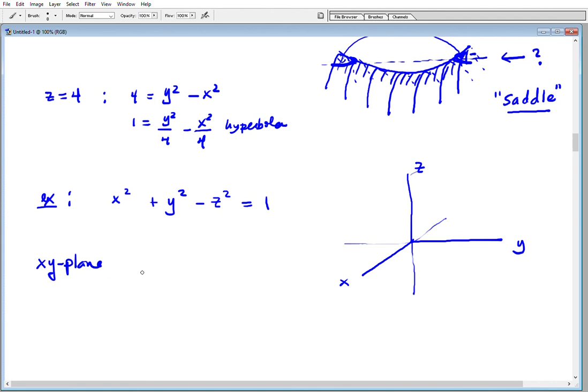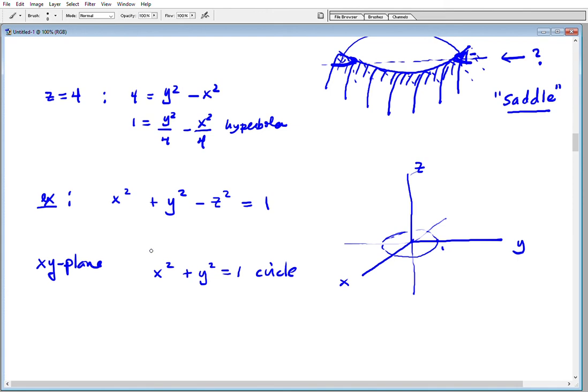Set z equal to 0, and we have x squared plus y squared equal 1, a circle. So in the xy plane, we have this circle, a circle of radius 1. Just draw that.